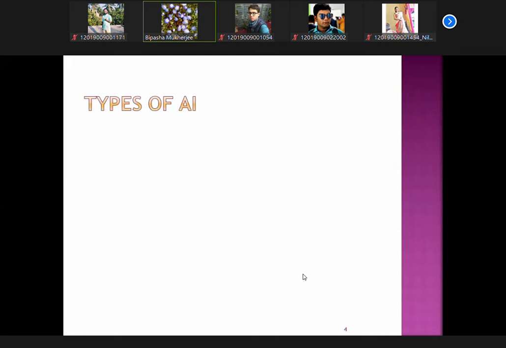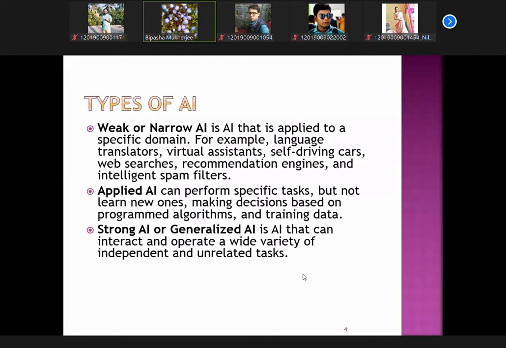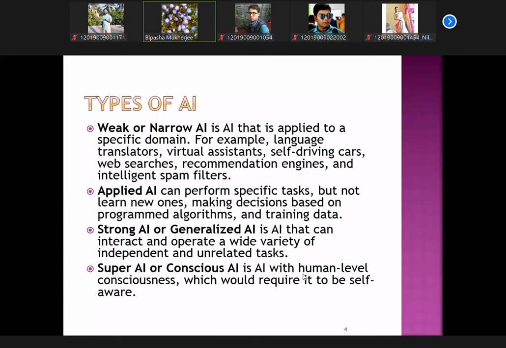What are the types of AI? Mainly we are concerned with weak and strong. Weak or narrow AI means they are specific to the problems, just specific to the problems only.